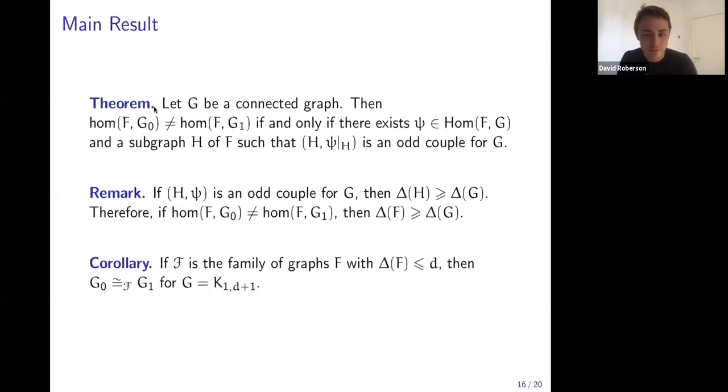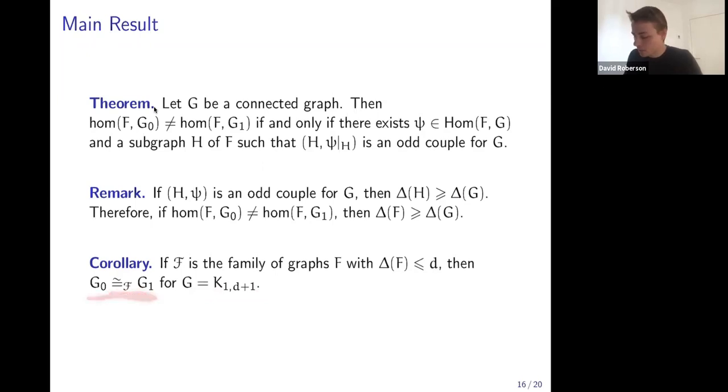What that tells us is that if I take the family of graphs F to be those with maximum degree at most D, and I take G to be K_{1,D+1}, a vertex with D+1 neighbors that are all leaves, then G0 and G1 will be F-indistinguishable.